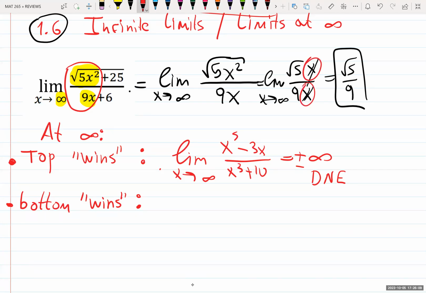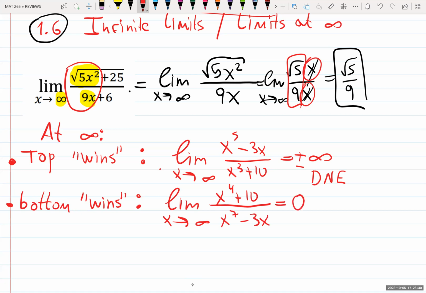They have the same speed of increase up to a rate, and that's why the rate is the answer. But if the top wins, everything goes up. And if the bottom wins, everything shrinks to 0. Because if you divide by the biggest numbers, you get the smallest number. That's number sense for you. So you compare the leaders.